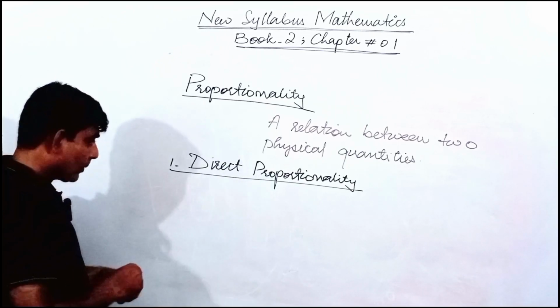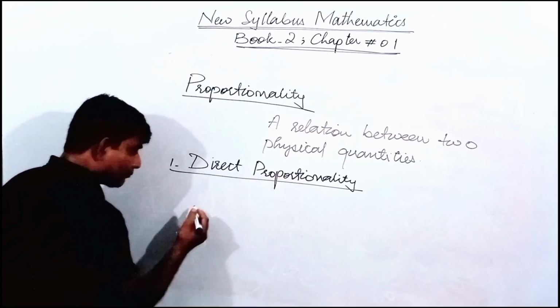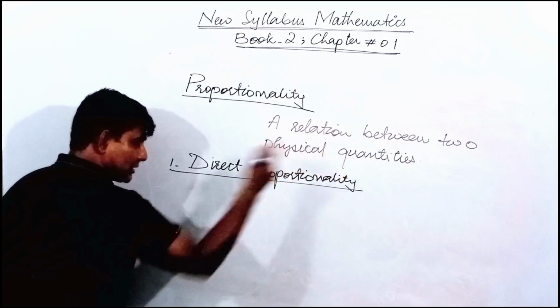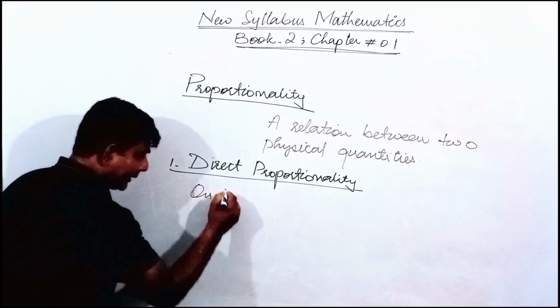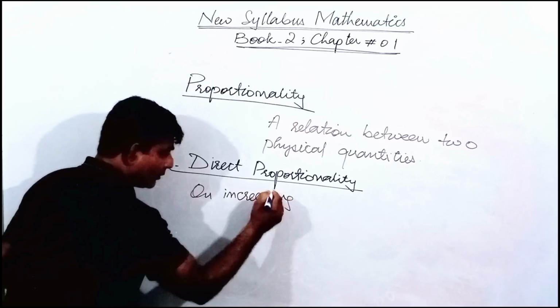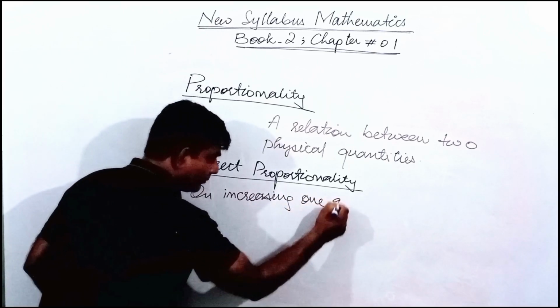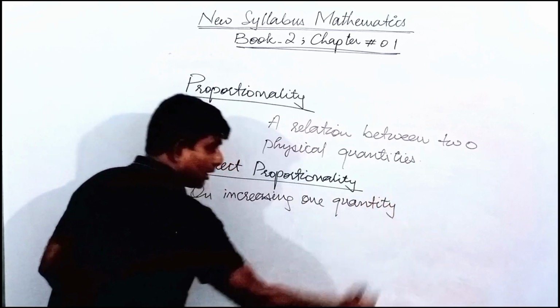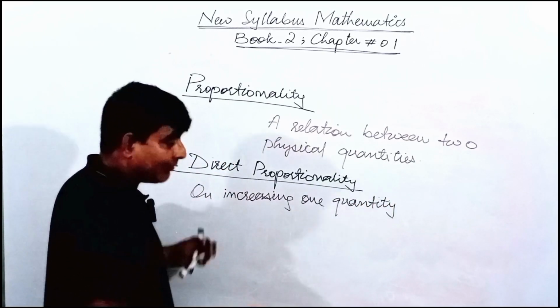Okay, so direct proportionality: relation between two quantities, on increasing one quantity, the other one will increase.